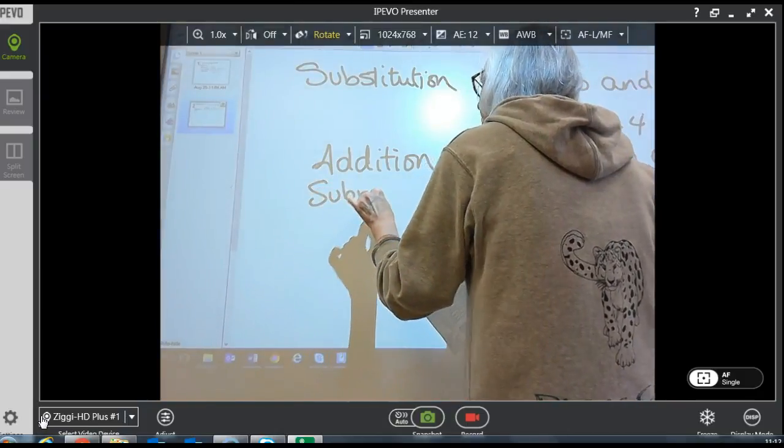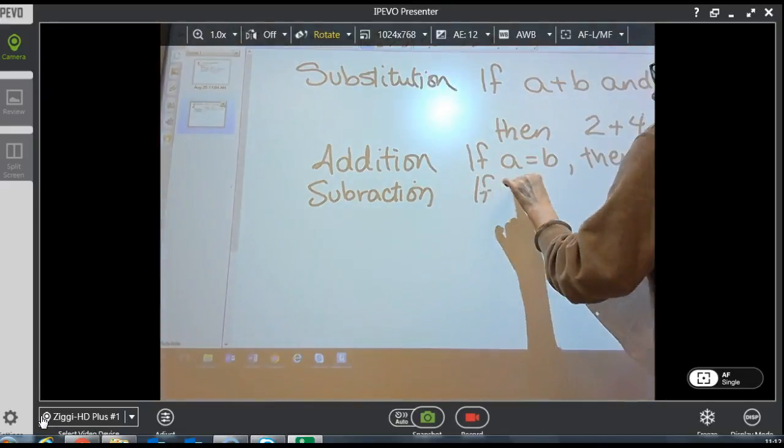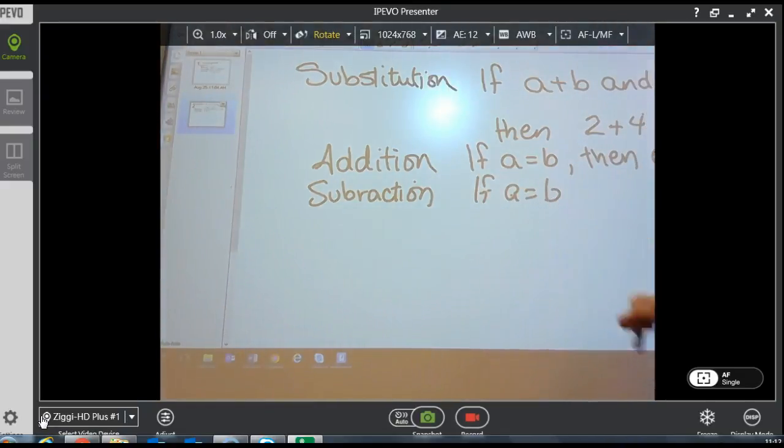So with subtraction, whatever you do to one side of the equation, you have to do to the other. So you just subtract C from both sides.